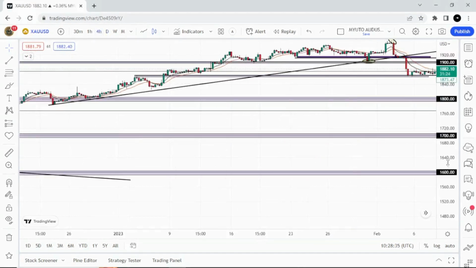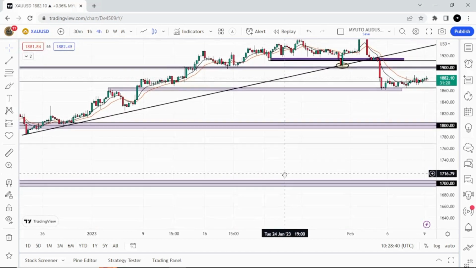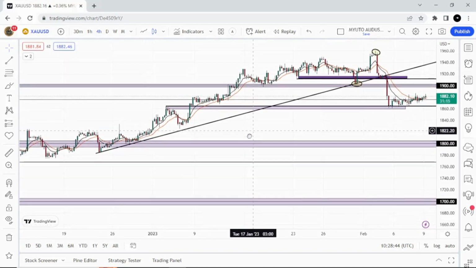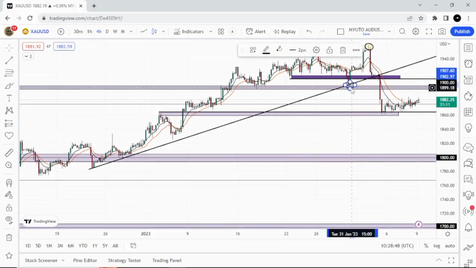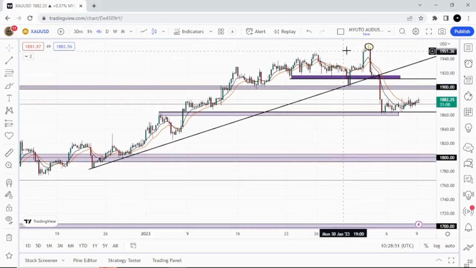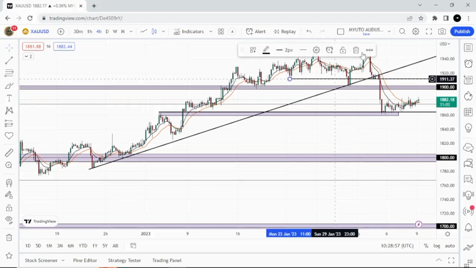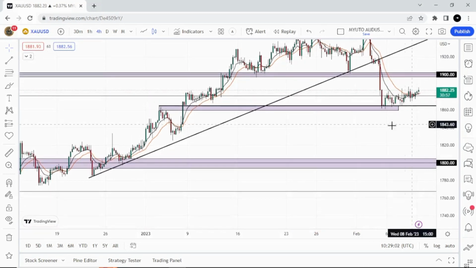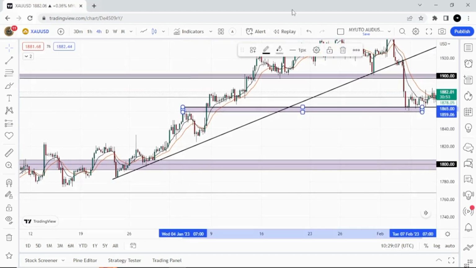I'll give you an example of how I mark out my minor key levels. Let me just delete these instruments from the chart. So you can see I have marked out my minor key level.